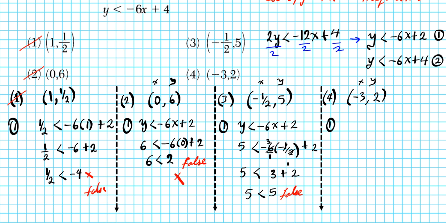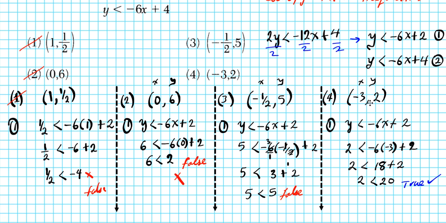Let's test the first one. y is less than -6x plus 2. Plug it in. Is 2 less than -6 times -3 plus 2? -6 times -3 is 18, so is 2 less than 18 plus 2? Is 2 less than 20? Absolutely, this is true. So we're looking good here.